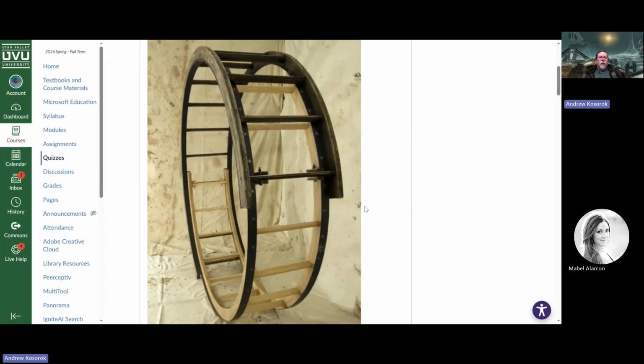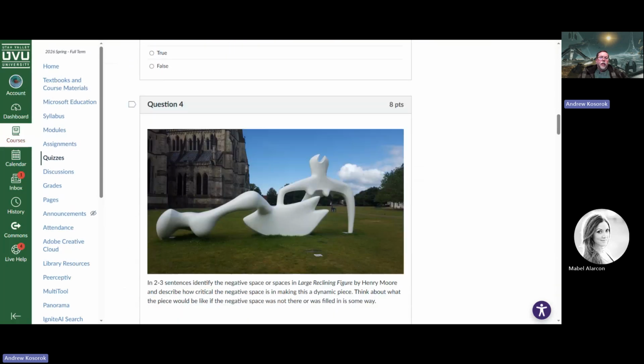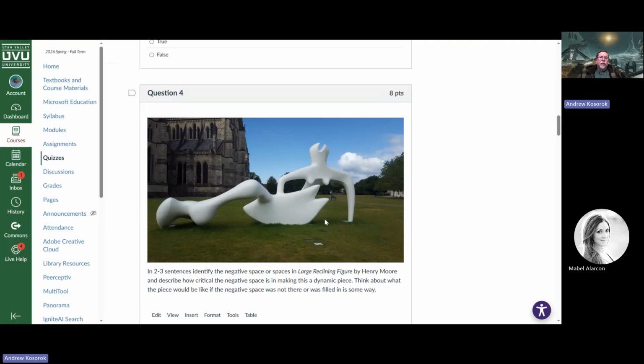What I was talking about with the delineated forms on this, we have the circles of the ladder. Those two circles are delineated forms, and the rungs right here, these rectangles, are delineated forms. And then the other thing I was talking about was negative space here. Some people missed the part of the question where it asks, what would it look like without the negative space?